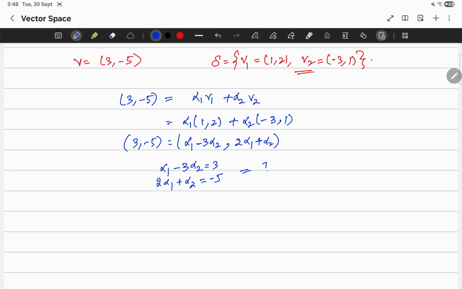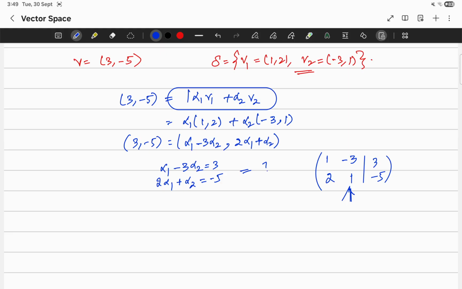That is how you express this as a linear combination. This is only possible if this system has a solution. You can also go for this as an augmented matrix. If it has a solution, that means we can write it as a linear combination.